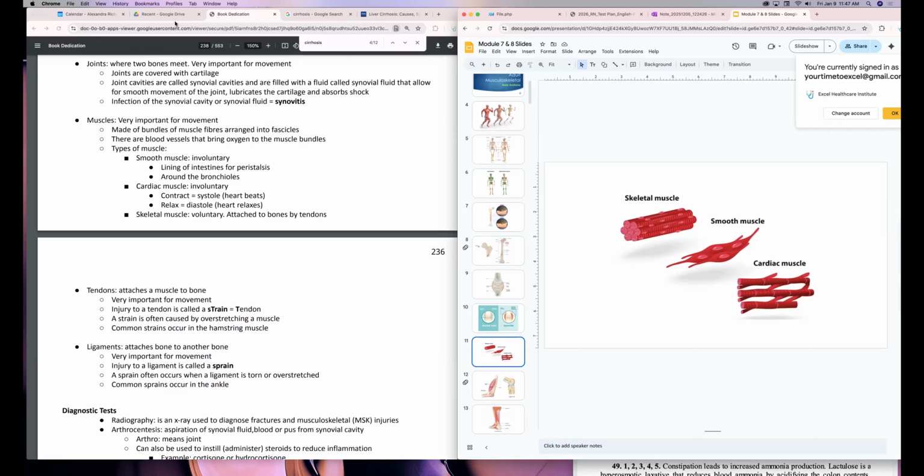They also have blood vessels that bring oxygen to the muscle bundles.